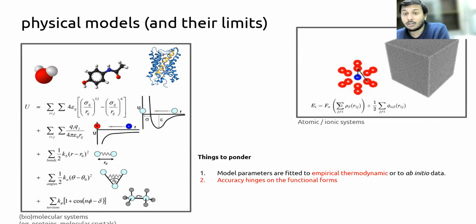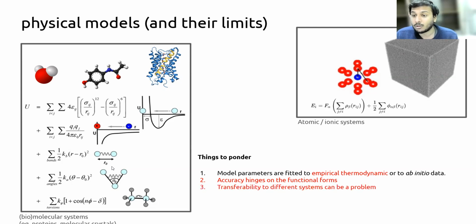The second thing is that the accuracy of these models really hinges on the functional forms that you use. To give an extreme example, if you have a harmonic potential between two atoms, you will never be able to break a bond, so you won't have any chemistry, right? So if you want to simulate a chemical reaction, you will need to use much more complicated models.